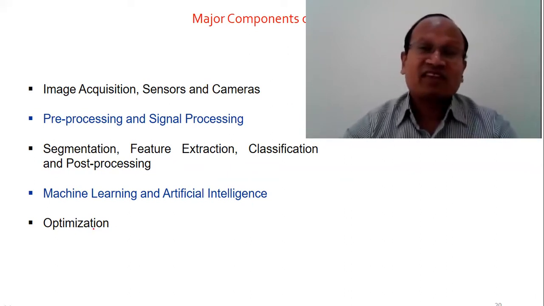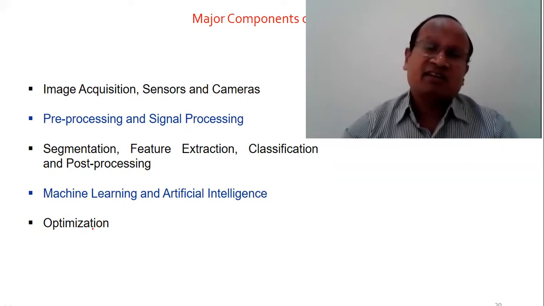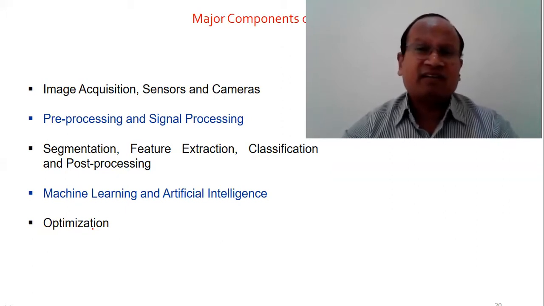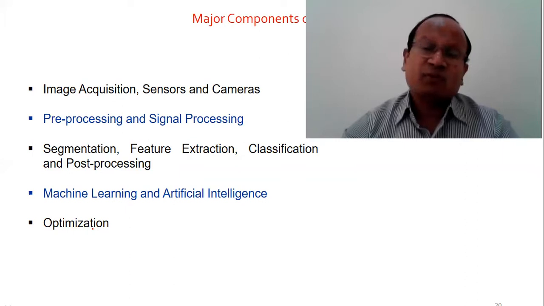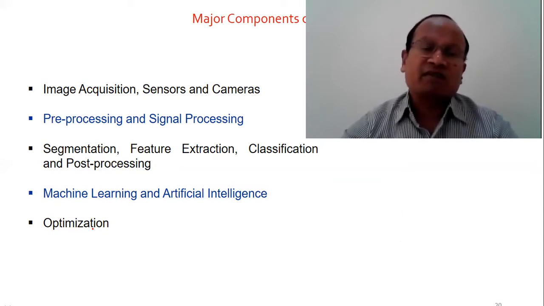And of course, in computer vision, every day, every hour, after each evolution or development, there comes the next one with better results and better performance. So there is always scope for improvement of all the processes used in computer vision.